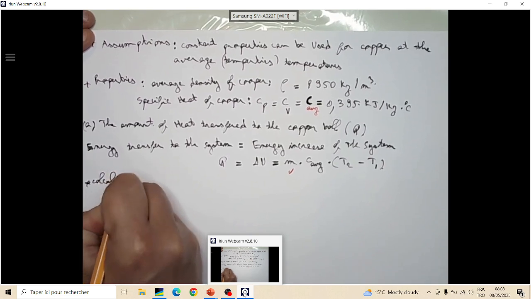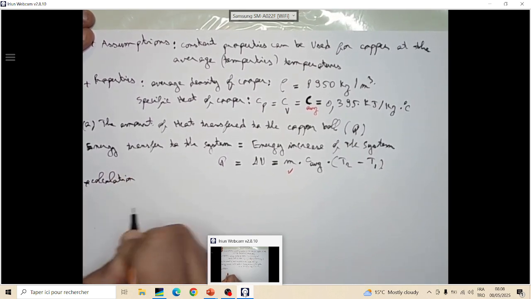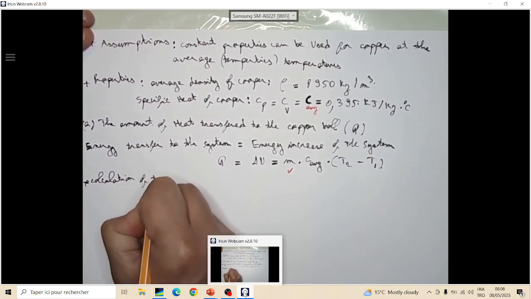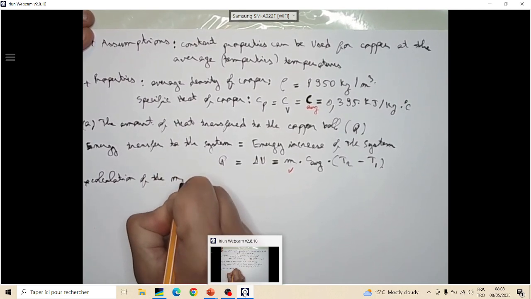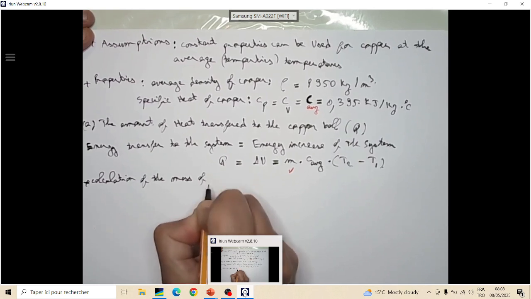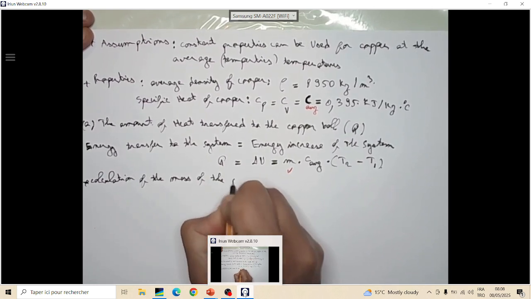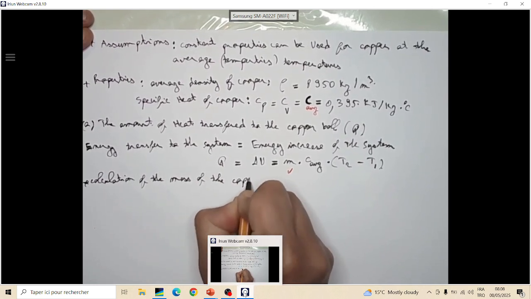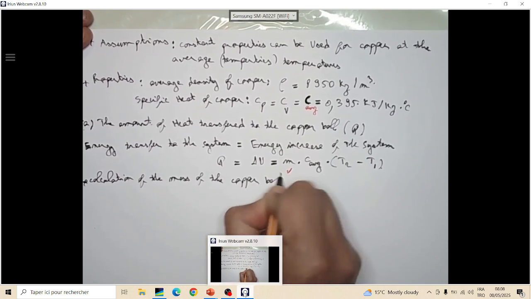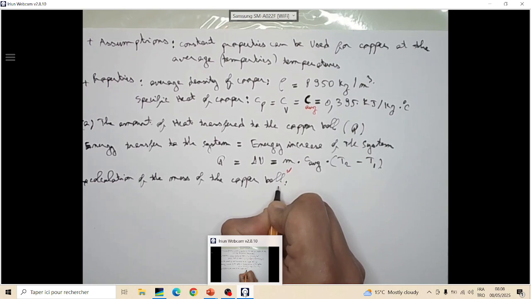Calculation of the mass of the copper ball.